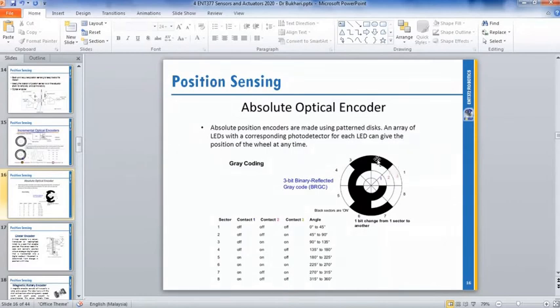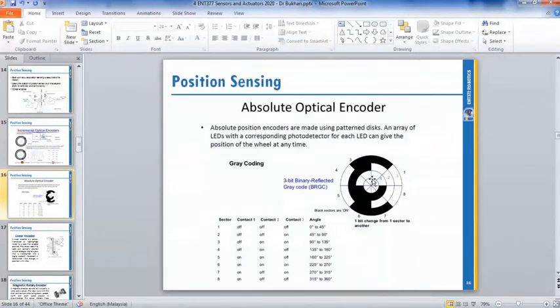For example, here 0, 0, 1, or off, off, on. So the robot knows your position is around 45 to 90 degrees, whether you turn off your robot and then turn it on back. The sensor detects this position.